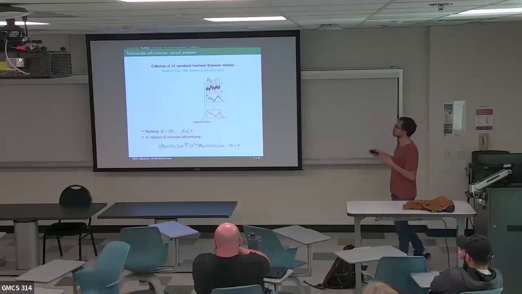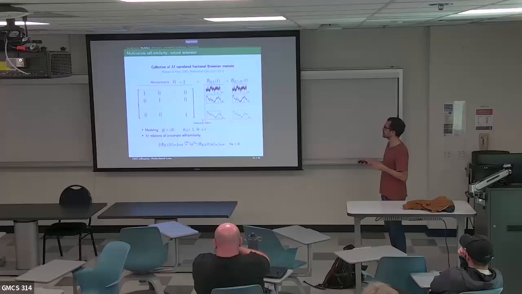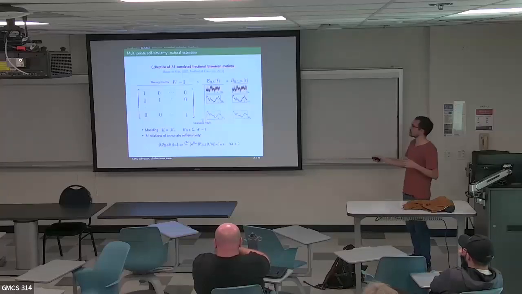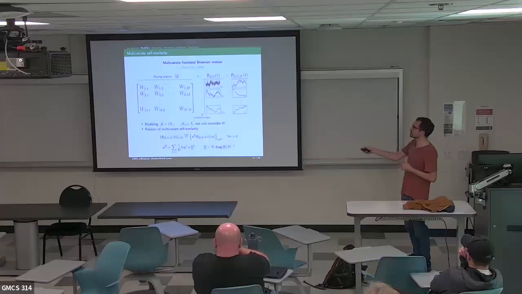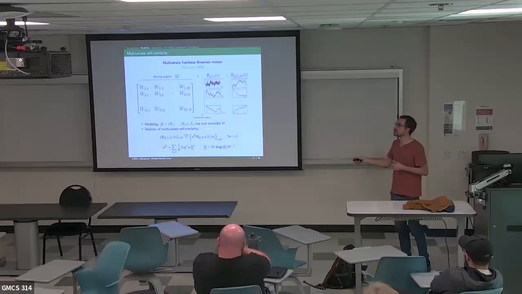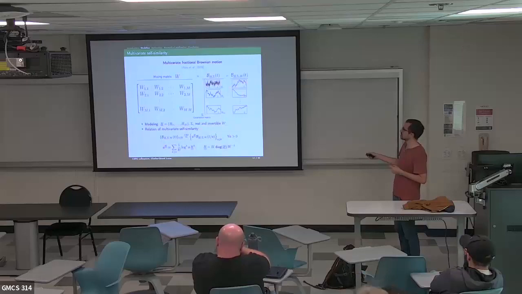But this model amounts to the particular case of fractional Brownian motions that are mixed by a mixing matrix W, which is the identity. It doesn't change anything, but it suggests replacing the matrix W by any real-valued and invertible matrix W. Thus, we obtain m time series, and each time series is a linear mixing of correlated fractional Brownian motions.